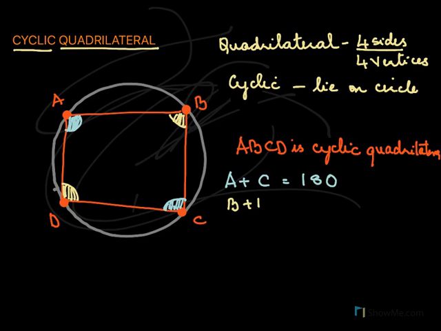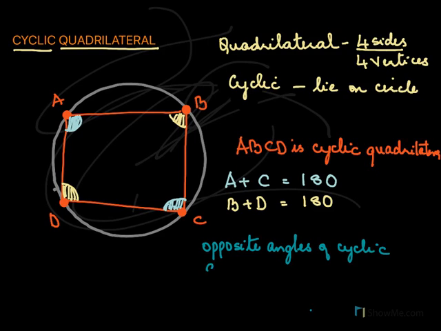So B plus D equal to 180. The opposite angles of cyclic quadrilateral are supplementary. Opposite angles of cyclic quadrilateral are supplementary, which means when you add up, you get 180.